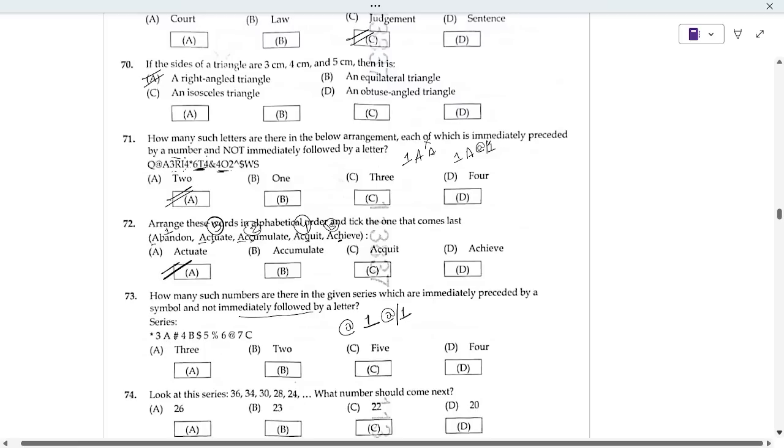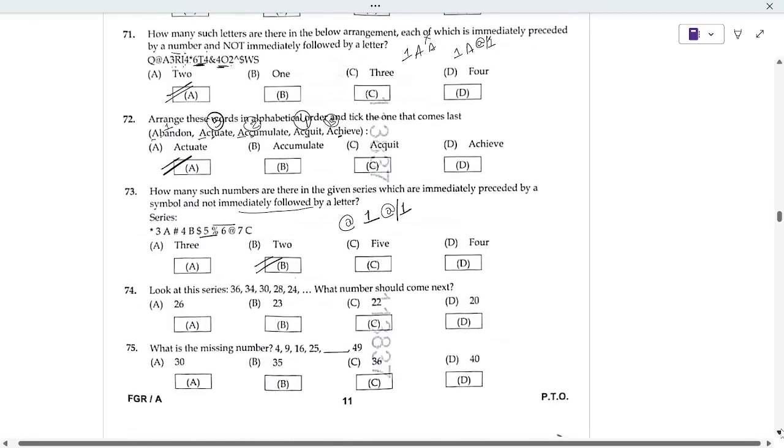Symbol, number, symbol is one, and the next symbol, number, symbol is another, so 2 is the answer.